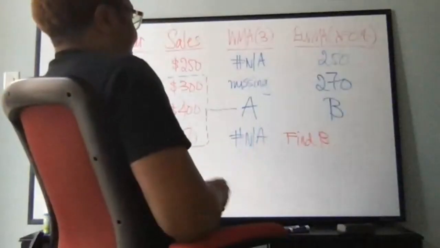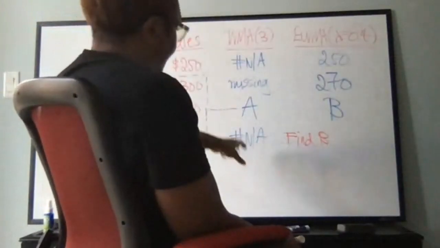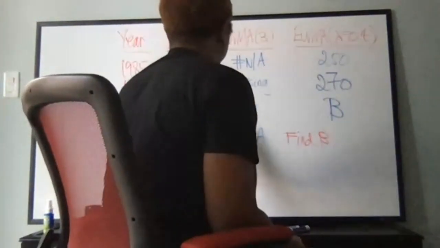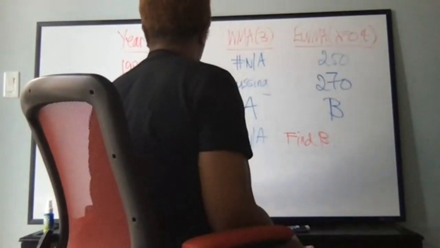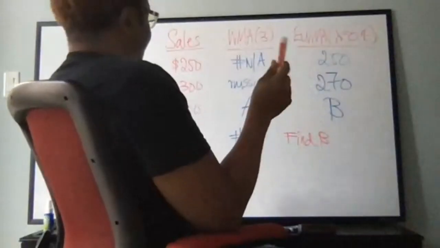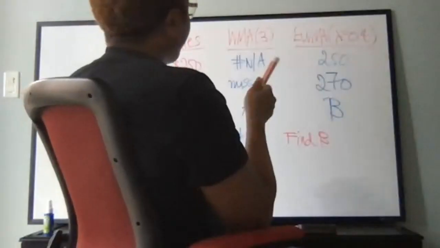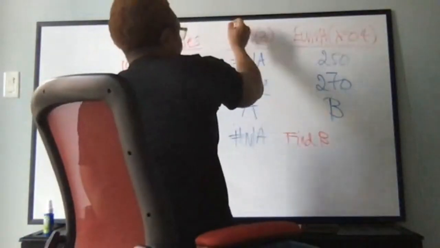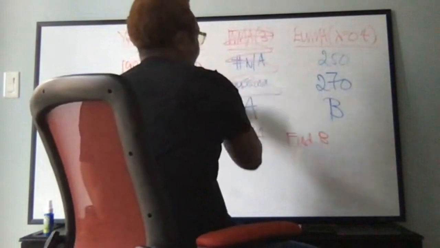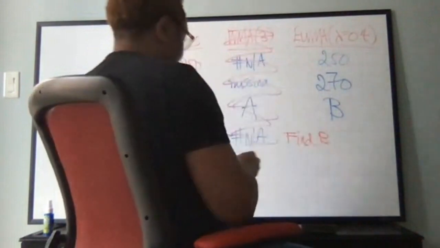How would you go about finding that? So this A is in this column. How would you go about finding B in this scenario? Now remember, when I'm thinking about EWMA, this no longer matters, right?